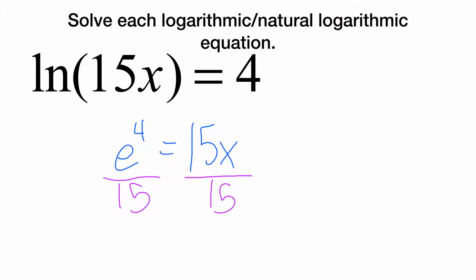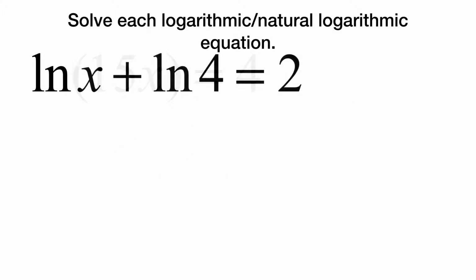So what I'm doing here is I'm just writing e to the 4th, making sure I close my parentheses, and then dividing by 15. And what I end up getting there is 3.64 is approximately x.